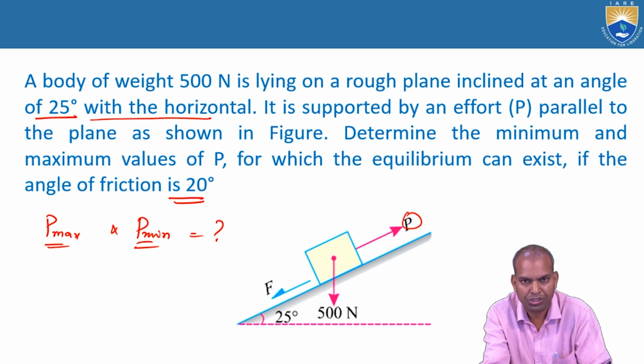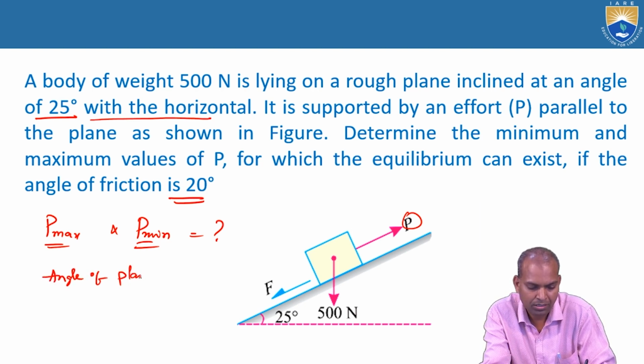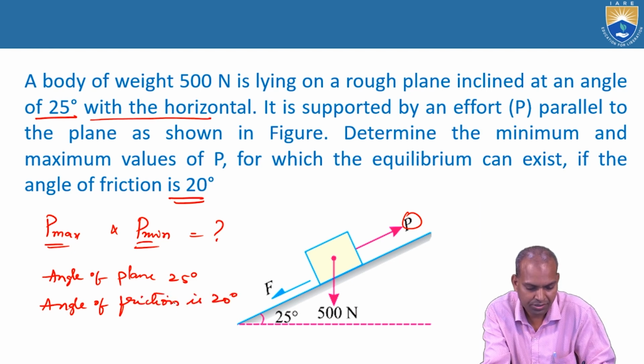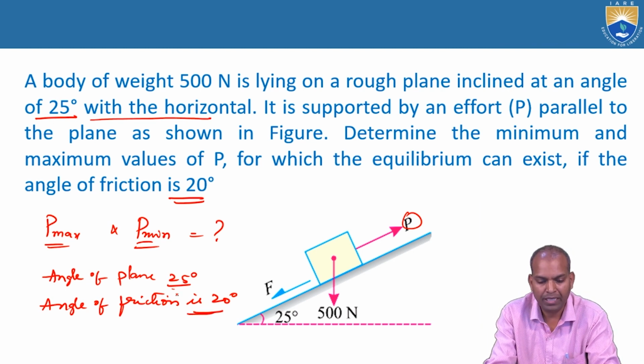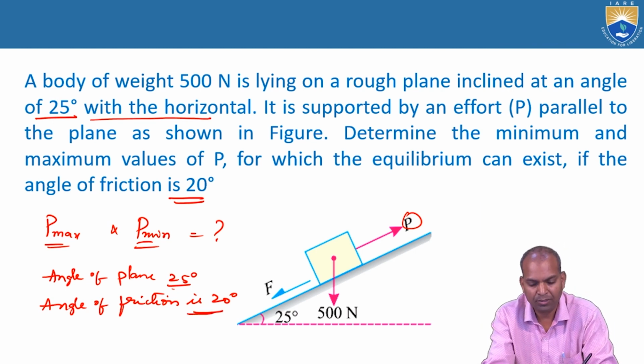The angle of friction is different from the angle of the plane. Here the angle of the plane is 25 degrees, whereas the angle of friction is 20 degrees. Okay, and the weight of the body on the inclined plane is 500 newtons.